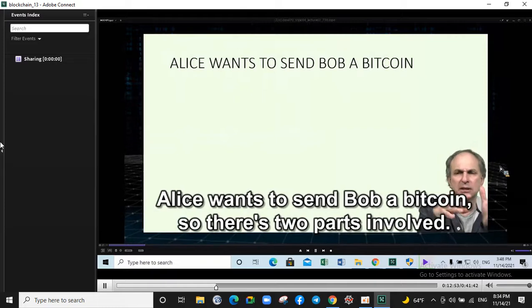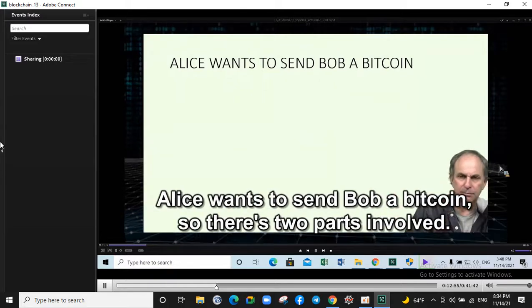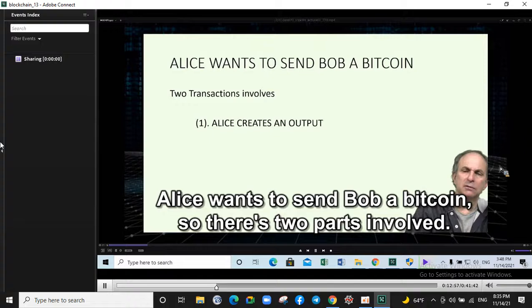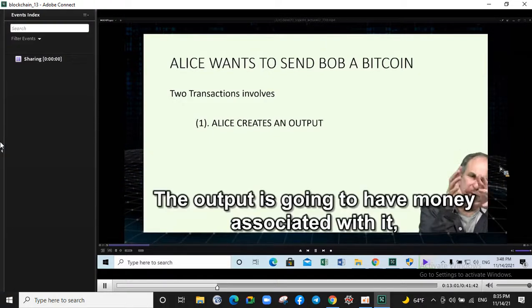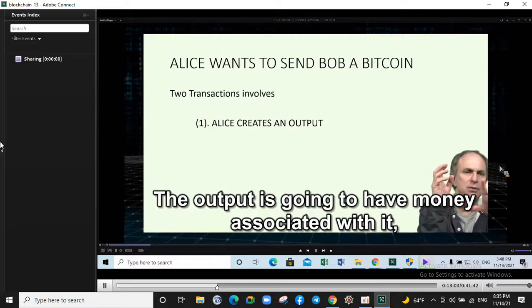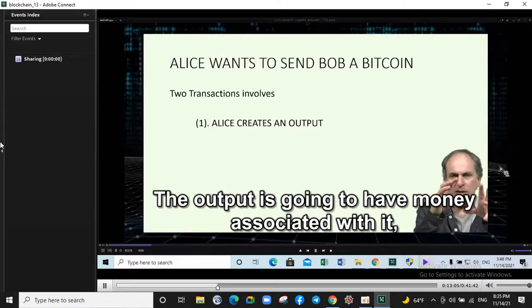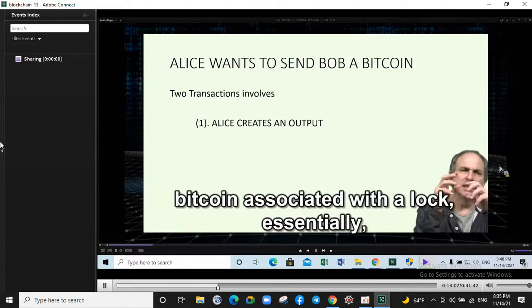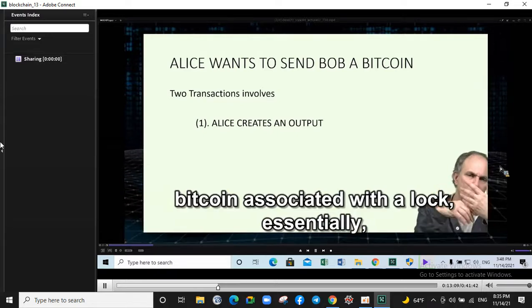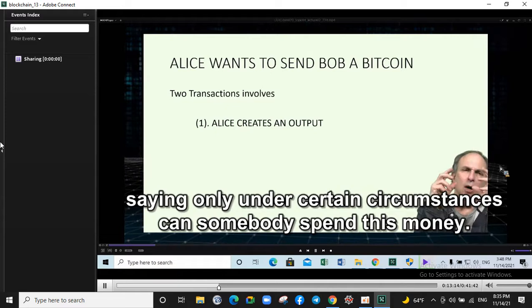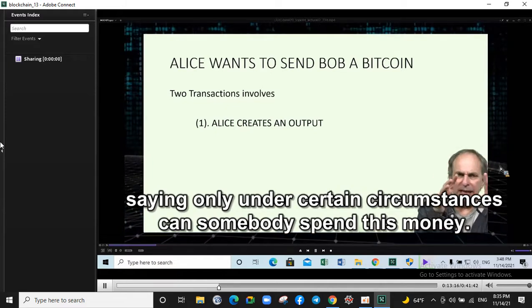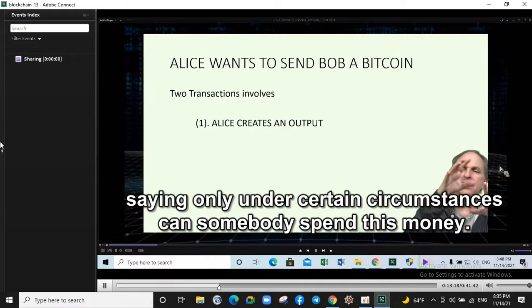So Alice wants to send Bob a Bitcoin. Yeah? So there are 2 parts involved. Alice creates an output, and the output's going to have money associated with it, Bitcoin associated with it, with a lock, essentially, saying only under certain circumstances can somebody spend this money.